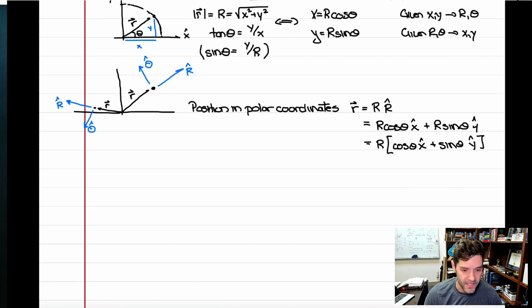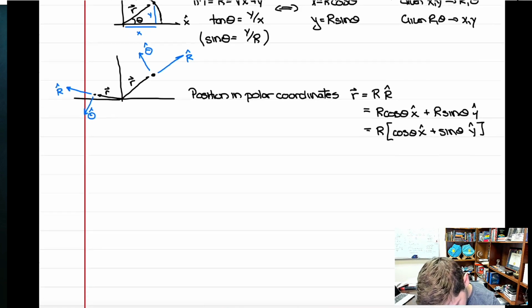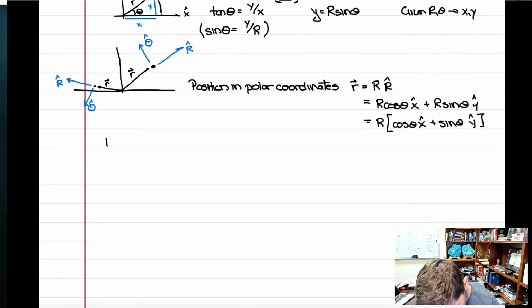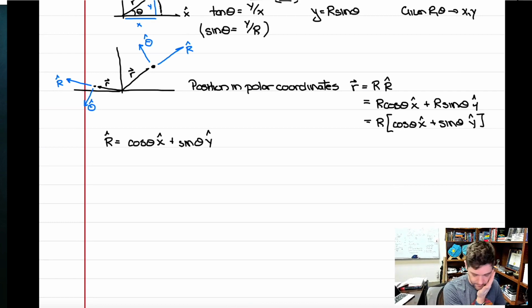If you compare the top line with the bottom line, that looks like the unit vector in the radial direction. If you want a translation from polar to Cartesian, this is the same thing as cosine theta in the x direction plus sine theta in the y direction. So we can use that as our unit vector in the radial direction.